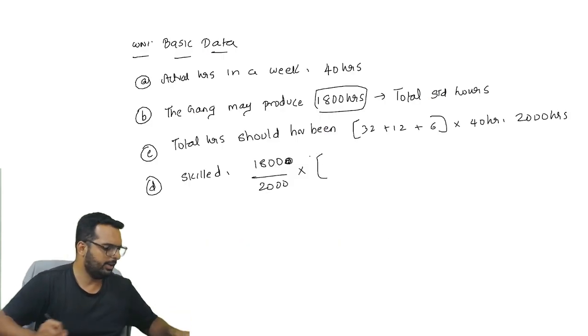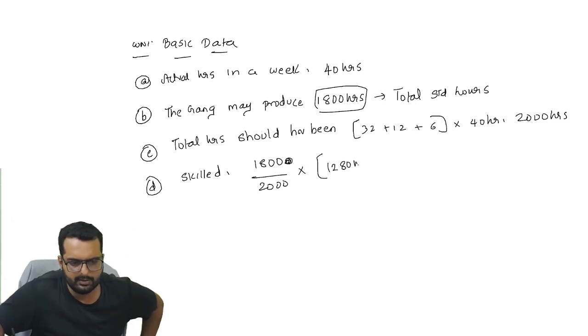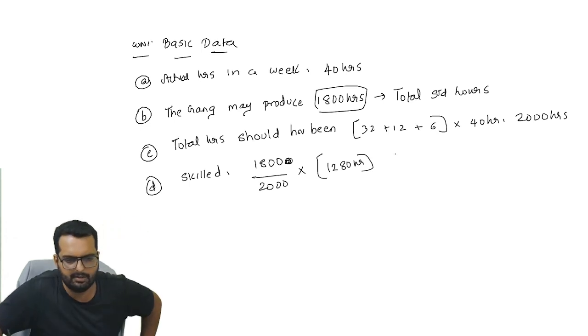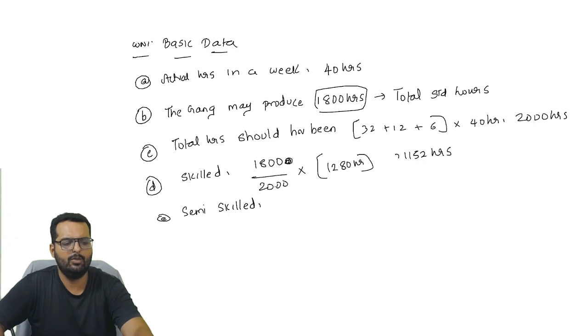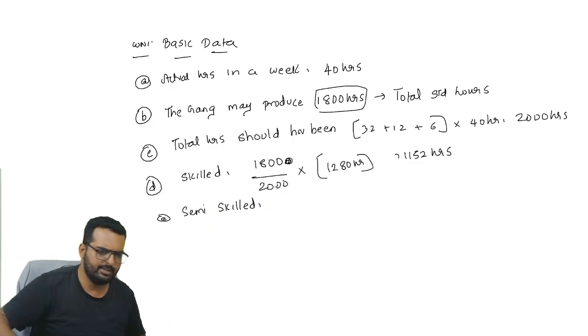So 32 into 40 is how much? 32 into 40. It's supposed to be 1280 hours. But for this, I'll divide it by 2000 and I'll multiply with 1800. So I will get how many hours over here? 1152 hours. Who is the other one coming in picture? Semi-skilled. What about semi-skilled friends? 12 into 40. Is that 480?